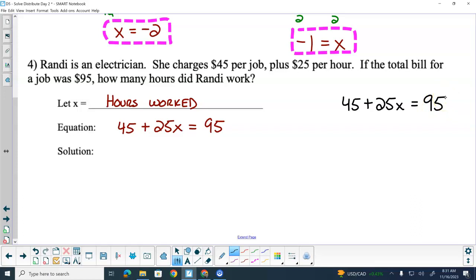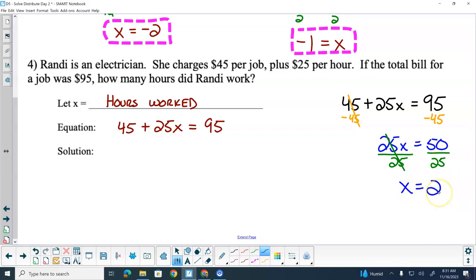First thing we're going to do to solve our equation, we're going to subtract 45 from both sides. So then that's going to give us 25x equals 50. Then what are we going to do? Divide both sides by 25. And then x equals 2.